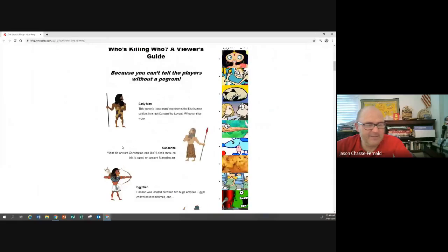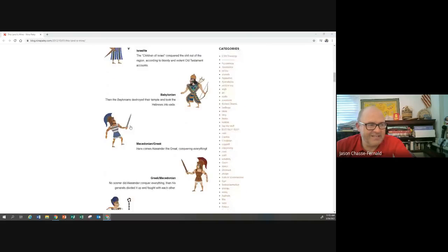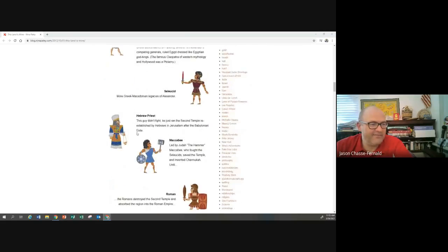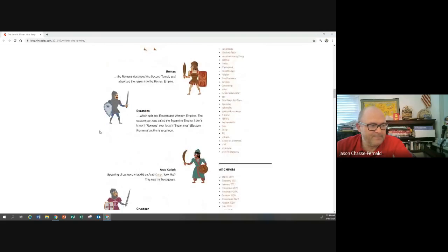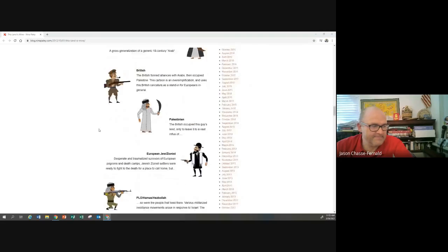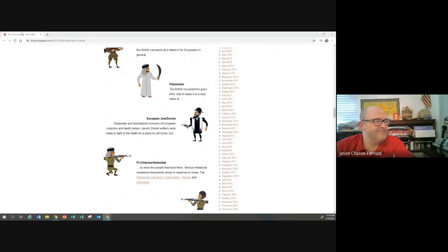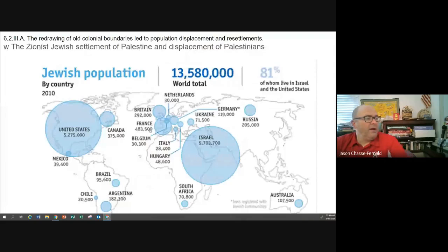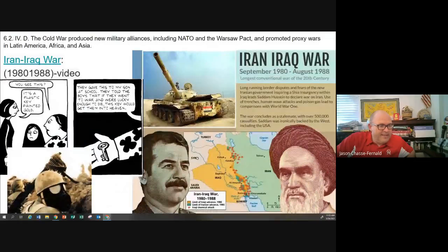What it does is simply look at this claim of land rights and historic claims of land rights, and it scrolls through the different groups over the years that have claimed what is Palestine and Israel as theirs. So it's an interesting, kind of artistic piece. So anyway, there's that way of looking at it.